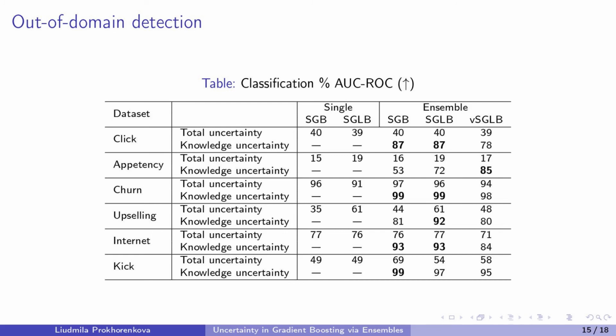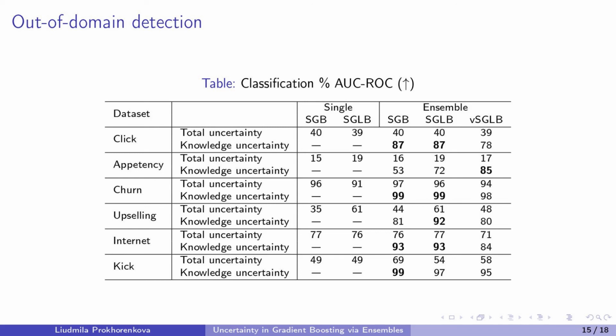Finally, let me show how knowledge uncertainty helps in detecting anomaly examples. For this purpose, we took several classification datasets and added out-of-domain inputs to their test sets. For each measure of uncertainty, we used the area under the ROC curve to see how well it captures such anomaly inputs. We can see that the ensemble methods outperform single models.